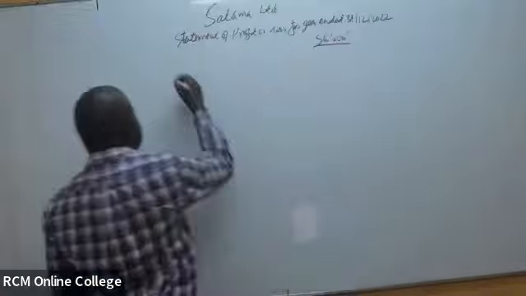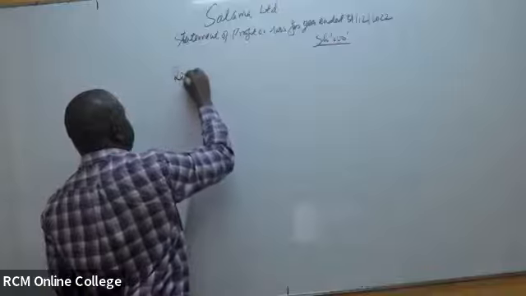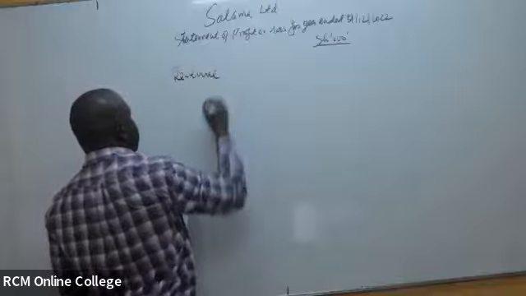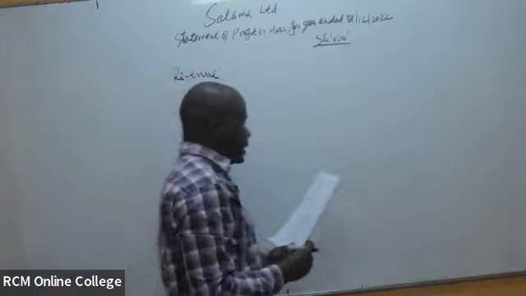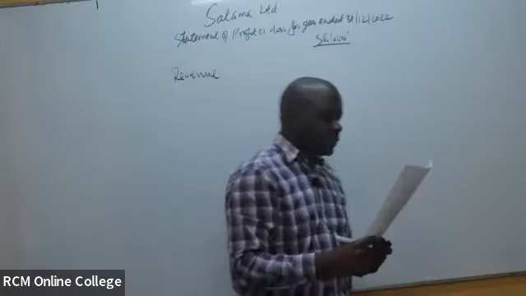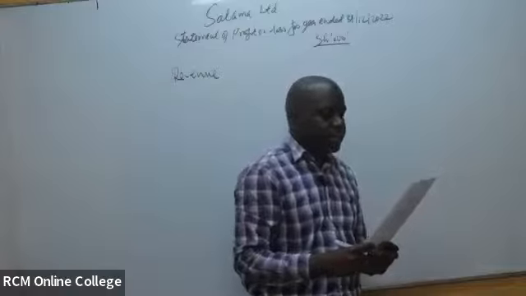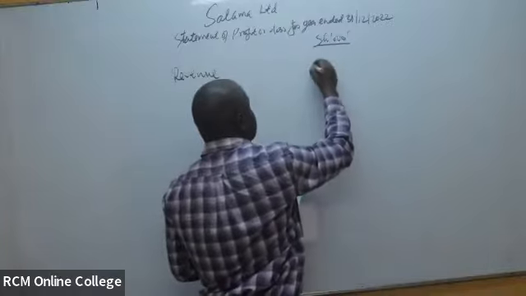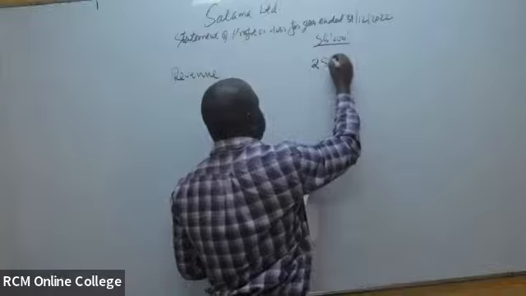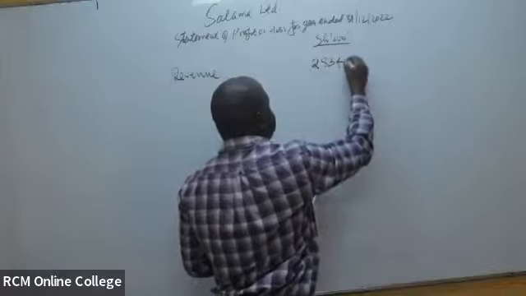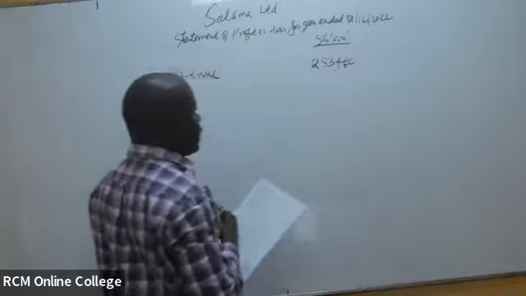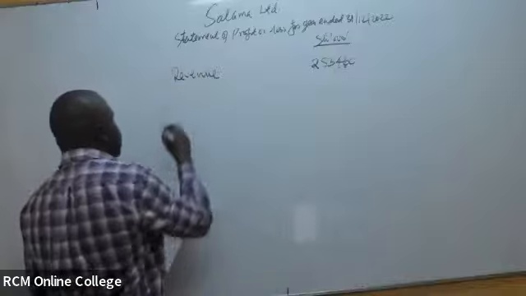What you normally start with is the revenue. You can get it in the trial balance. It is 283,460. Then you less the cost of sales.